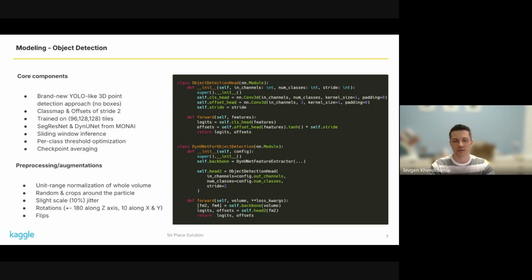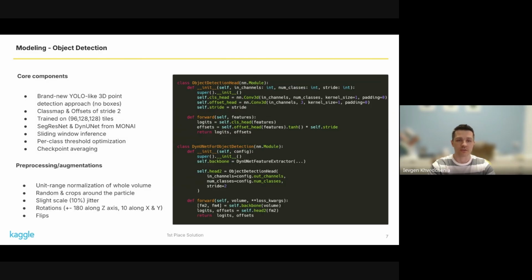For that reason, I adjusted the MONAI feature encoders, which were then combined with the classical object detection head that predicts 6 classes for the object presence in a given spatial location, and the offset to account for the fact that when we're doing object detection, we usually predict objects in smaller strides, not in the original resolution of the input.